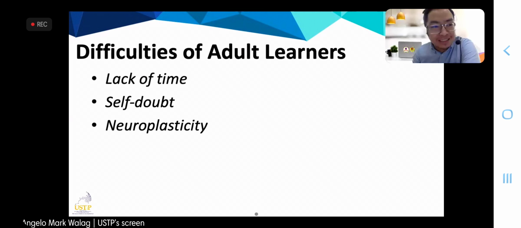It's very difficult to teach adults because it's often a challenge for adult learners to be hooked in a lesson, because they have already pre-existing knowledge, and we need to identify this and address this.